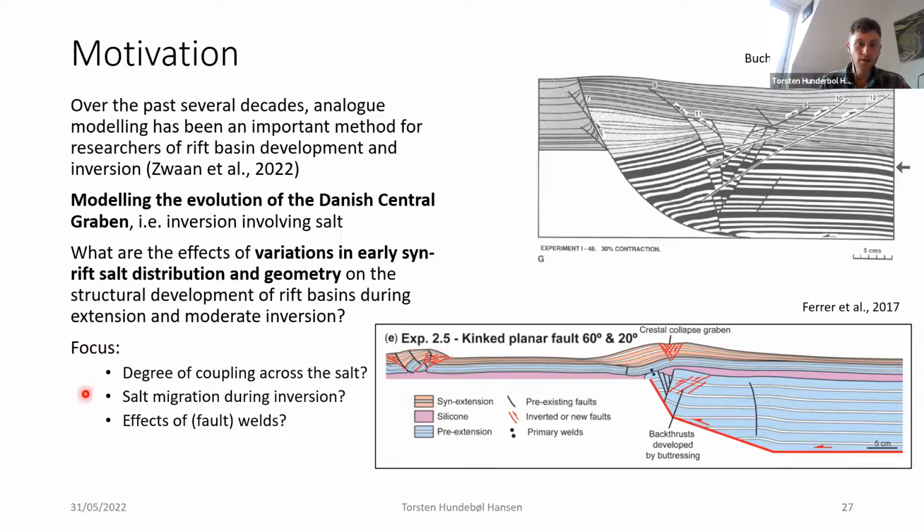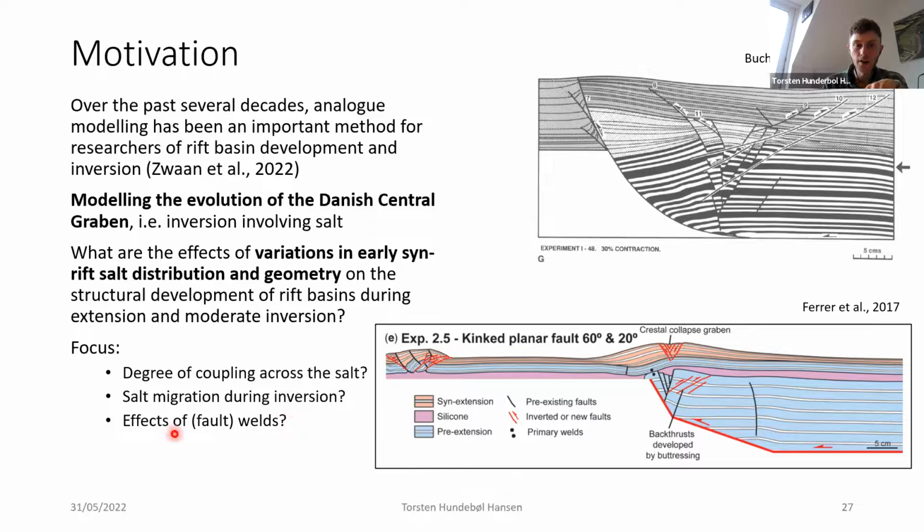So especially the focus here was I was looking for what's the degree of coupling across the salt. Is it partial? Is it fully decoupled? Do we see full coupling in some places? How did salt migrate during inversion?